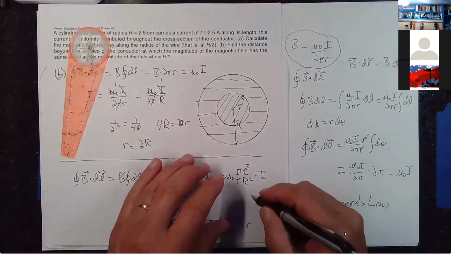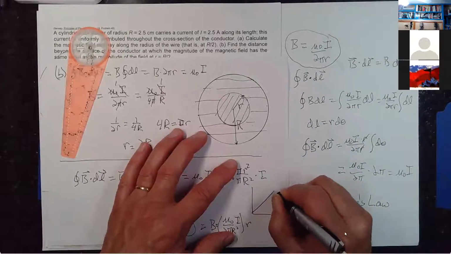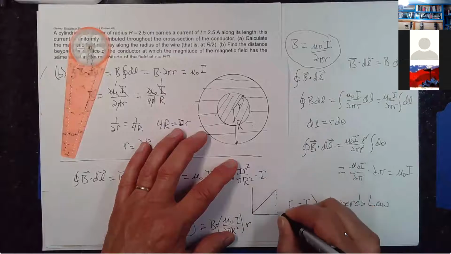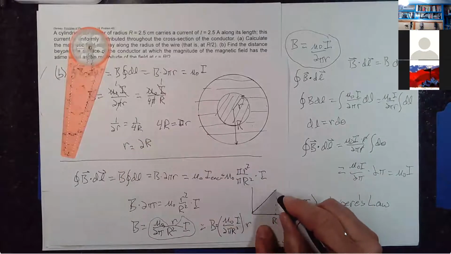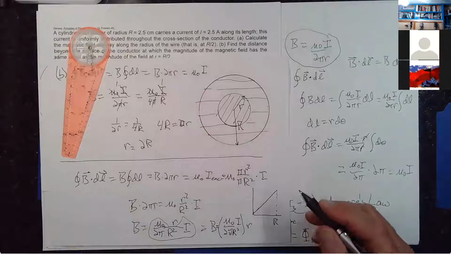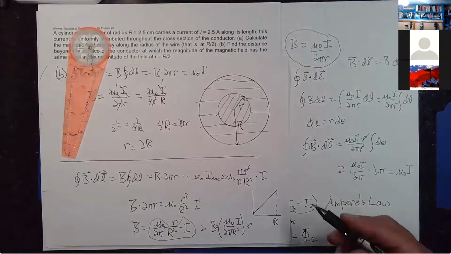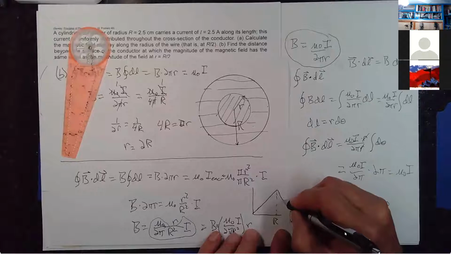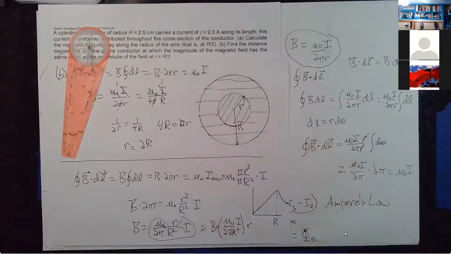And if you made a graph of that, you'd just see that it increases linearly as long as you're within the wire. Once you're outside the wire, then it starts dropping off like 1 over r. And so it's got a curve to its shape outside the wire.